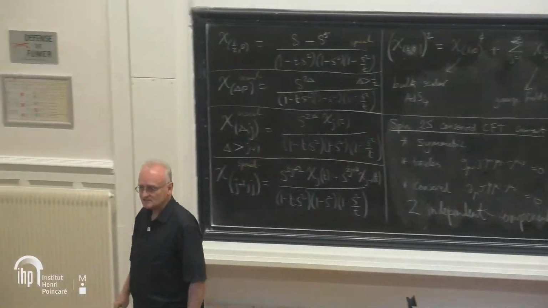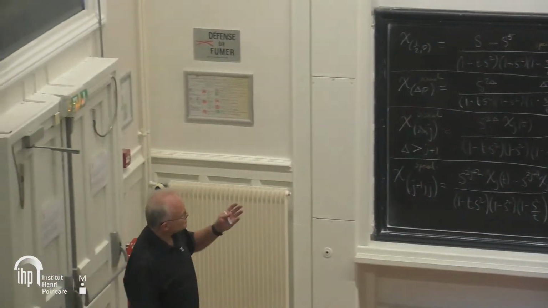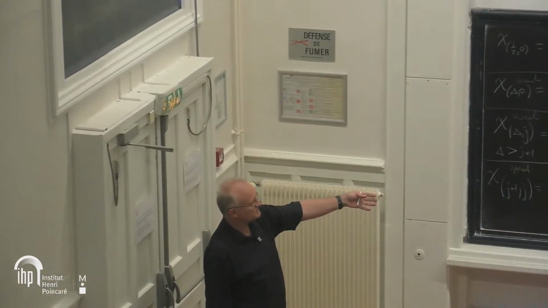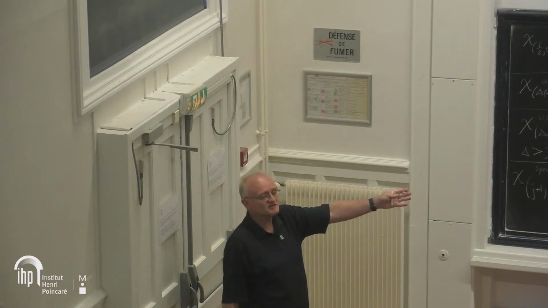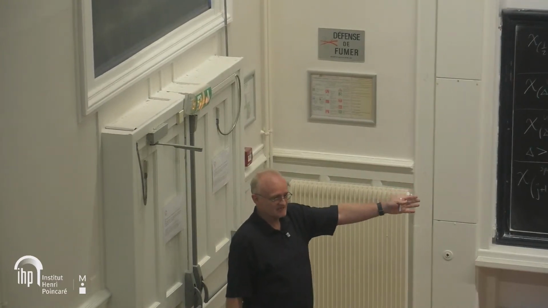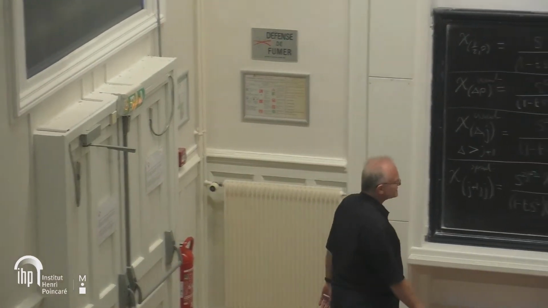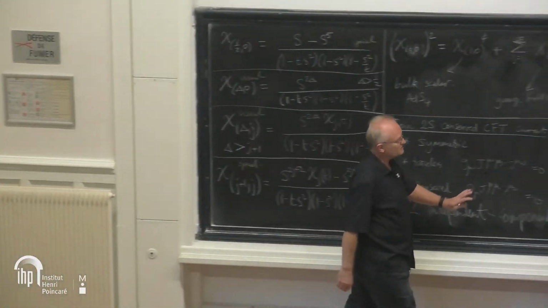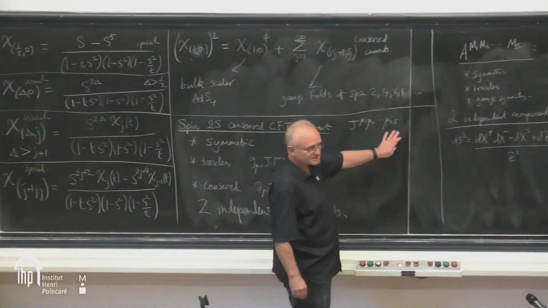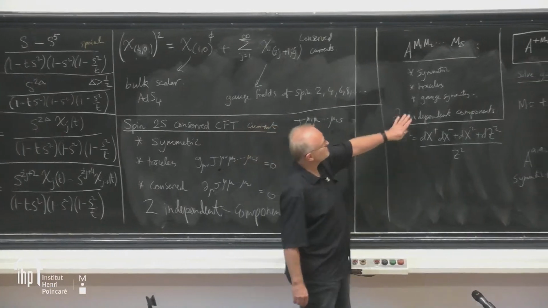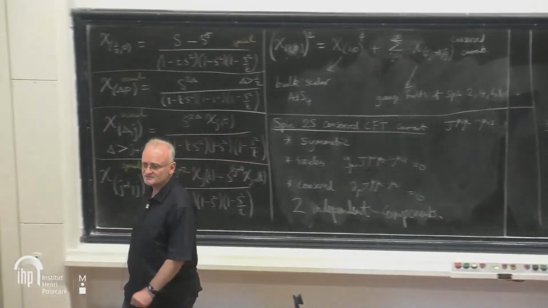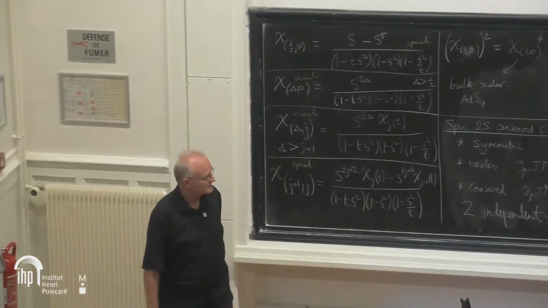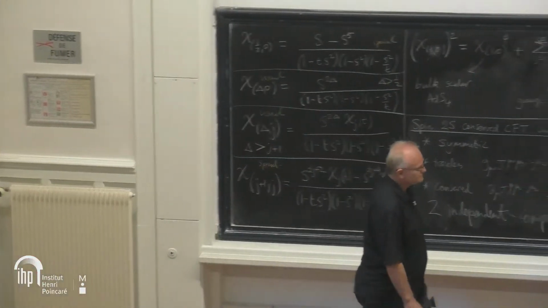So the natural guess: we've got 2 independent components coming from the conserved currents of the CFT, and 2 independent components of the gauge field. It seems natural to try to map the 2 independent components of the spin 2s current to the 2 independent components of the spin 2s gauge field. How do we do that? Can we actually do that? And we do that as follows.